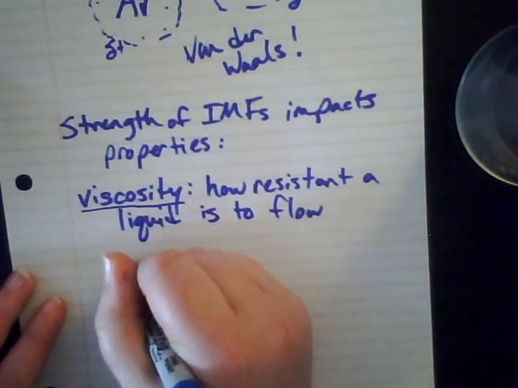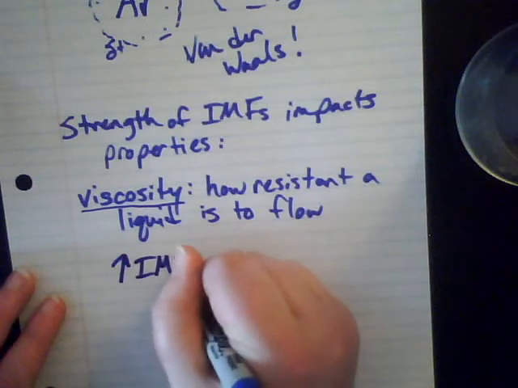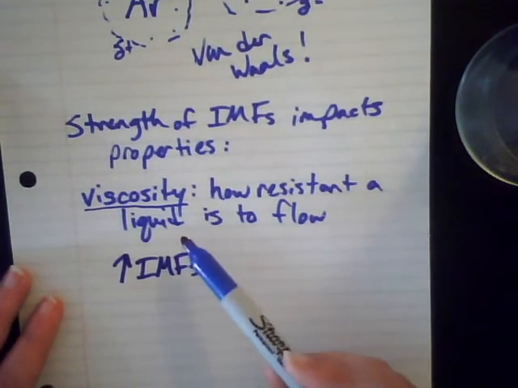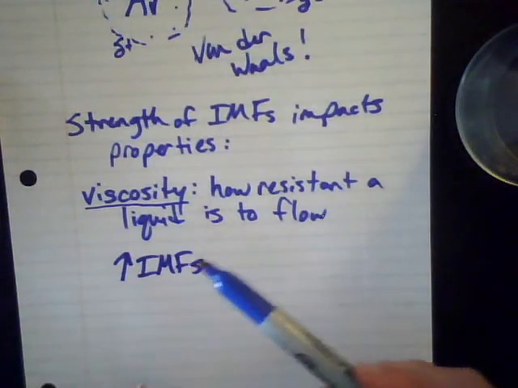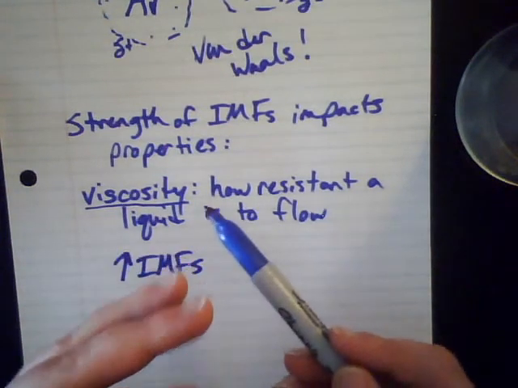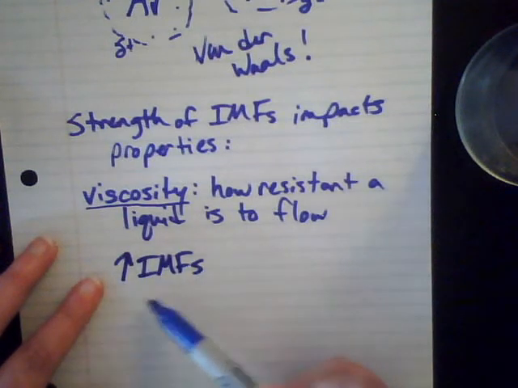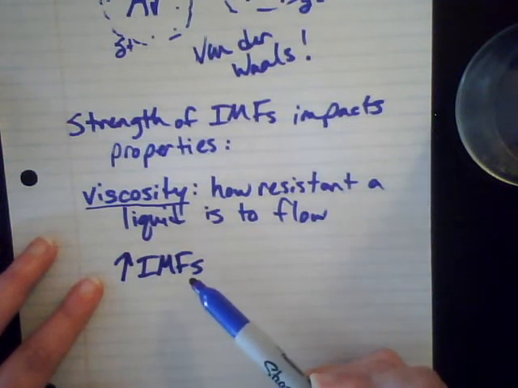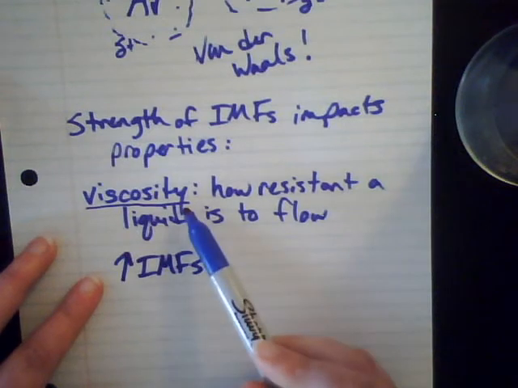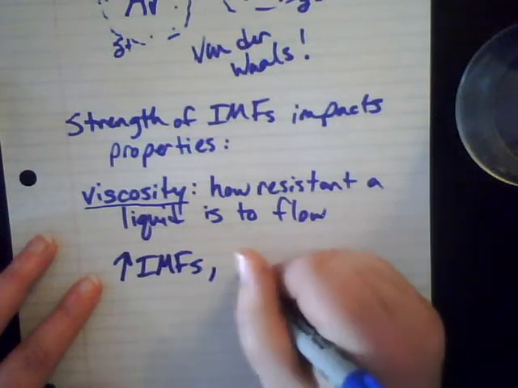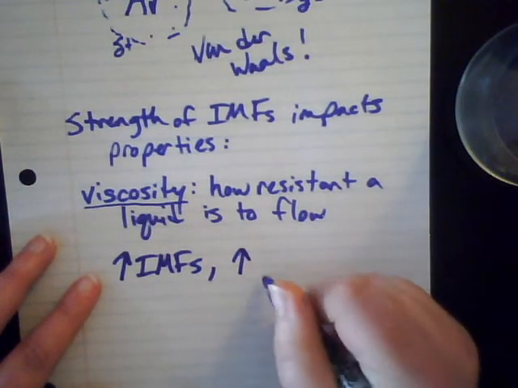Okay, so if you increase the attractive forces or you increase the strength of the IMFs in that liquid, then you're increasing the attraction of the molecules to each other. Then what do you think that's going to do to the viscosity? If I increase the strength of the attraction of the liquid to itself, do you think that's going to increase or decrease the viscosity? And you should say that it's going to increase.